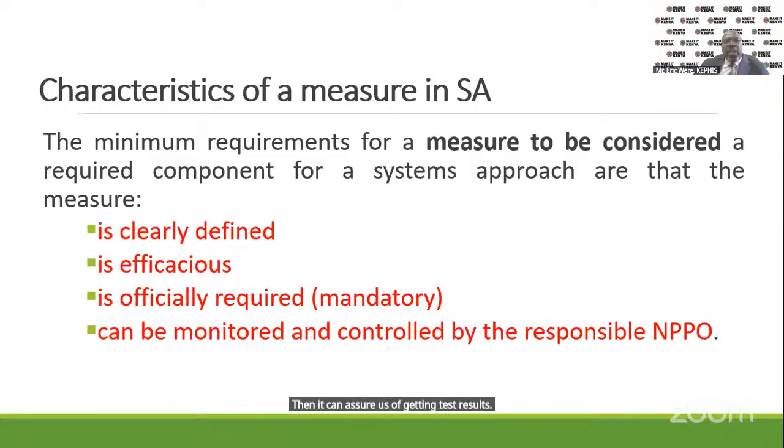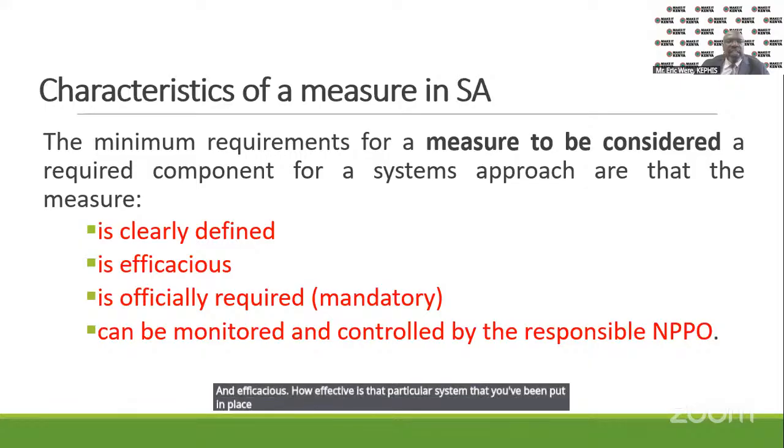Now, the minimum requirement for a measure to be considered as a component for a system approach is that it is clearly defined. And I think this one we've been able to define them clearly in our protocol. And efficacious. How effective is that particular system that you've put in place?